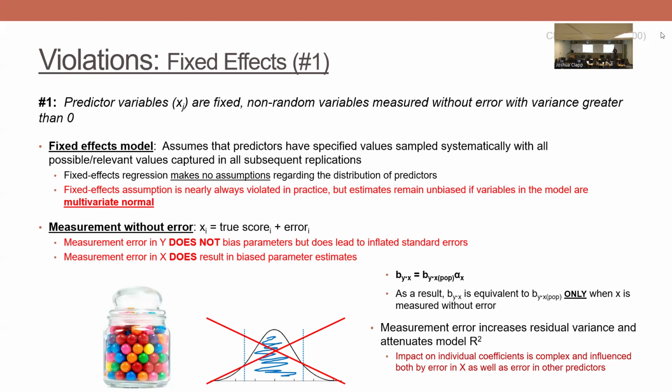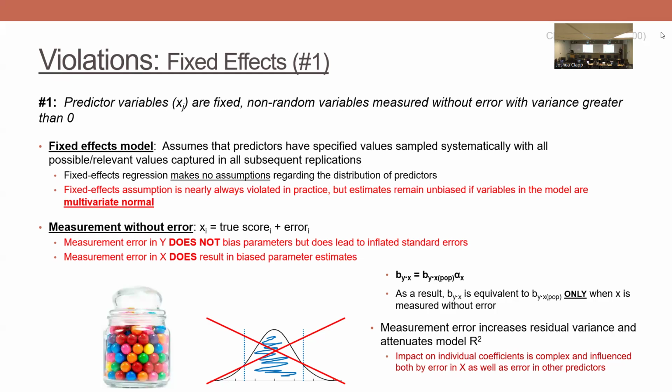All right. But mathematically, if we're thinking about your observed coefficient as a function of your population coefficient multiplied by your reliability, as that reliability goes down, what happens to your observed coefficient? If I start multiplying a number by smaller and smaller decimals, what happens to the output? It goes down, right?